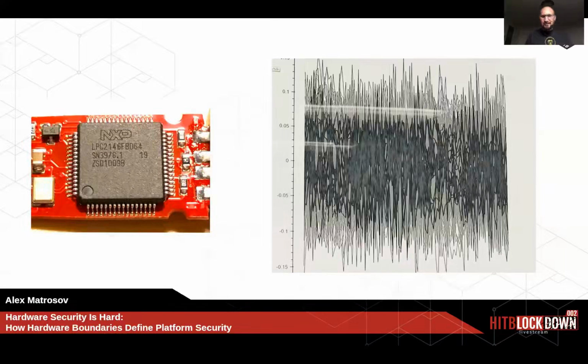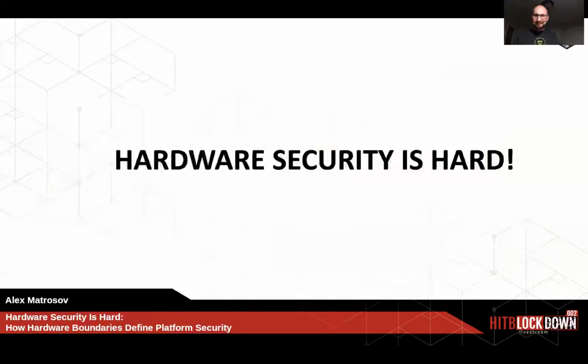Also, this particular chip locks JTAG by setting a pin during boot, so it's a very interesting chip to be used in a security dongle, right? This is why I say we have a lot of different problems across different devices, and why hardware security is hard.